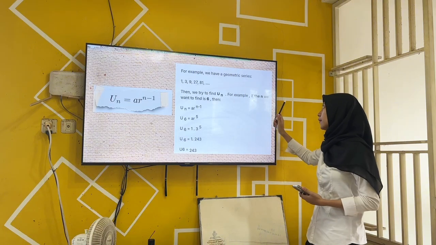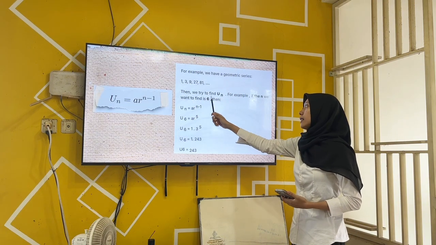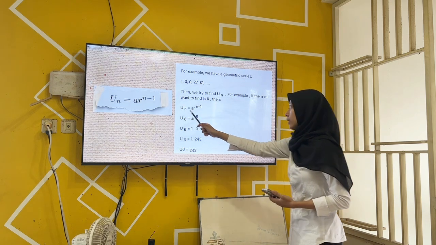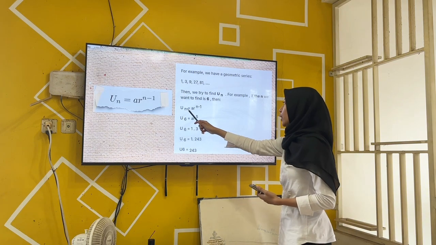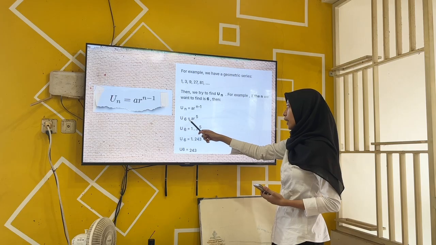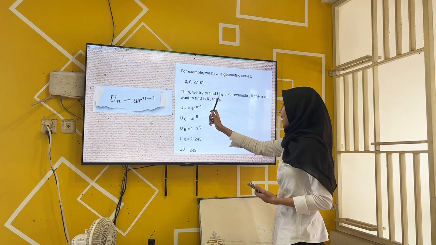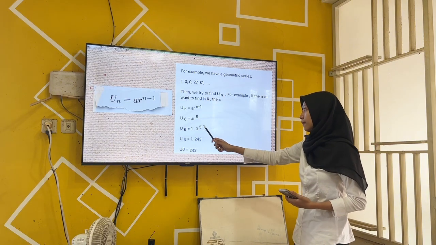For example, if the n we want to find is 6, then we use this formula and we have U sub 6 equals a times r to the n minus 1. n minus 1 is 6 minus 1, which is 5.